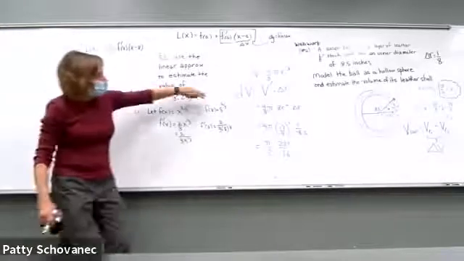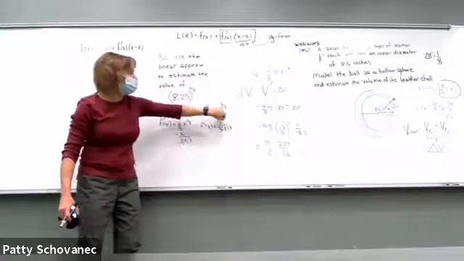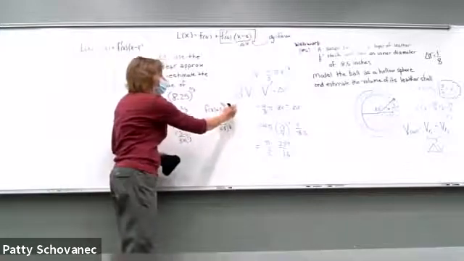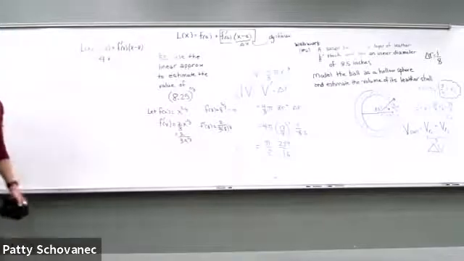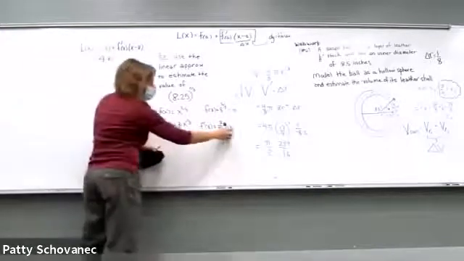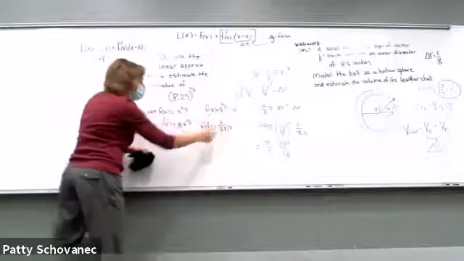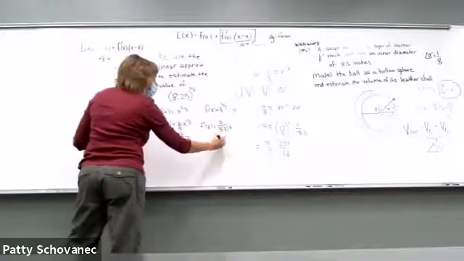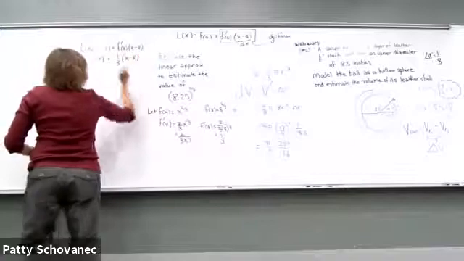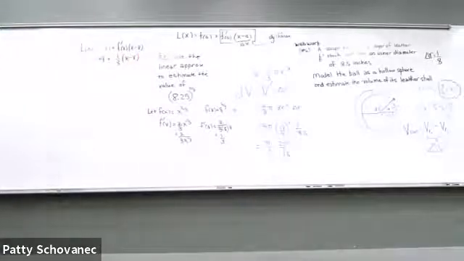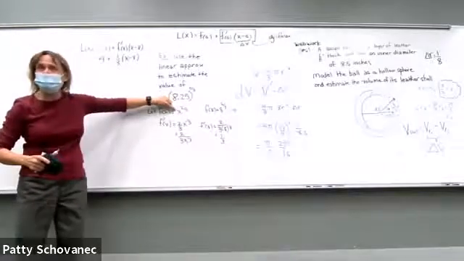The cube root of 8 is 2, and then I square it. So 8 to the 2/3 is 4. That's this number. So here I take the cube root of 8 and get 2. I can cancel that 2 into that 2 and leave me with 1/3. That'll give me the approximation on this graph at any point near x is 8.